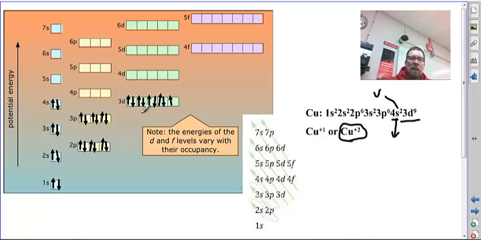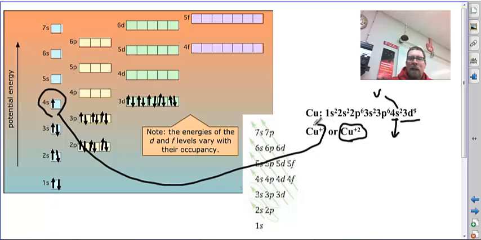Well, because of that proximity, it is more than possible that rather than filling the 4s, you initially fill the 3d. And in doing so, now my valence electrons here, my outermost shell, only has 1 electron, so when I drop that forming an ion, now I'm copper +1.